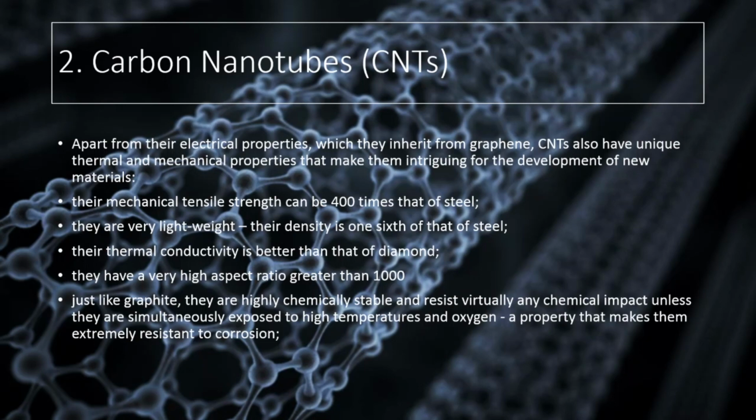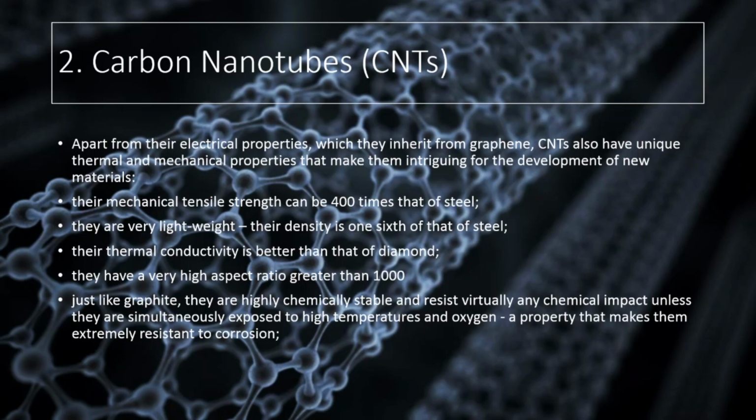Their mechanical tensile strength can be 400 times that of steel. They are very lightweight. Their density is one-sixth of that of steel. Their thermal conductivity is better than that of diamond. They have a very high aspect ratio, greater than 1000.